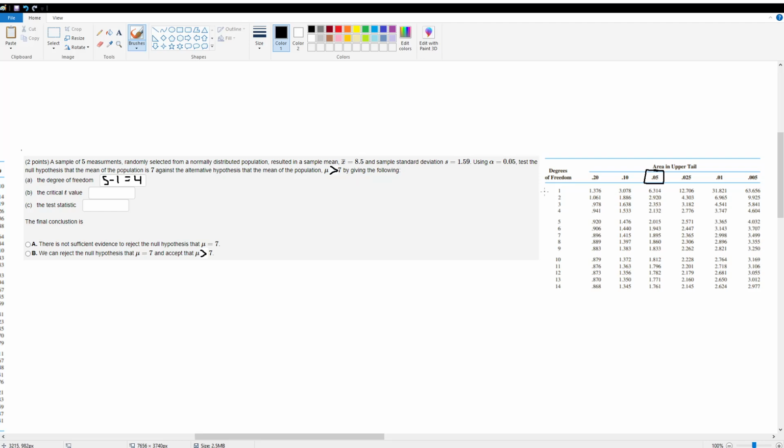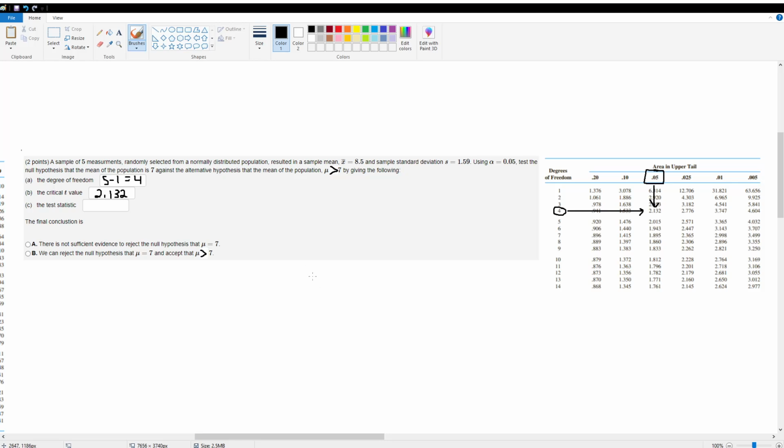Then our degrees of freedom are 4. Now we look at the intersection, and we can see that our critical value has a magnitude of 2.132. And because, once again, we are using the greater than symbol, it will be positive 2.132.